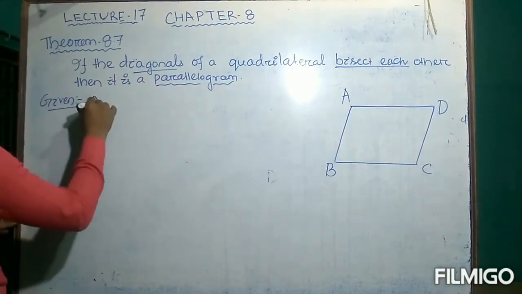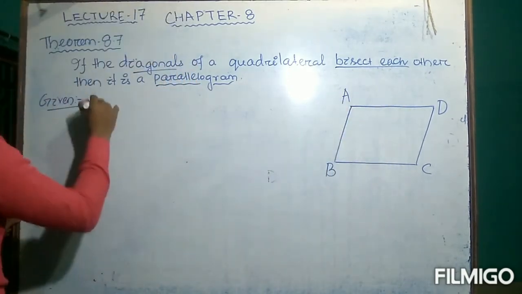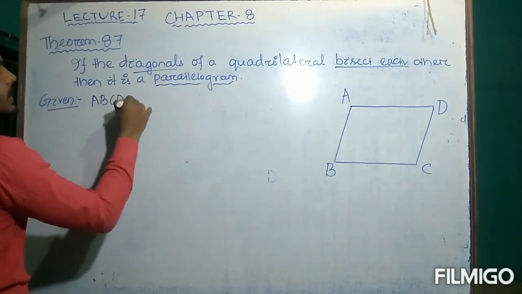Since it is given ABCD is a quadrilateral.